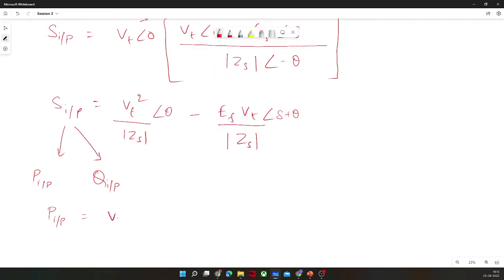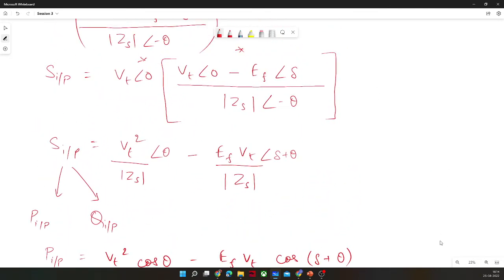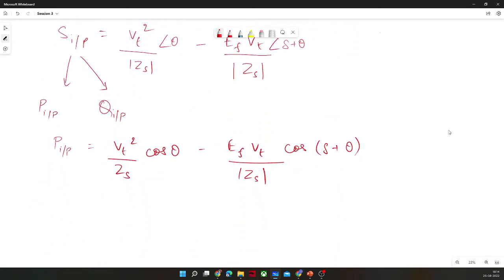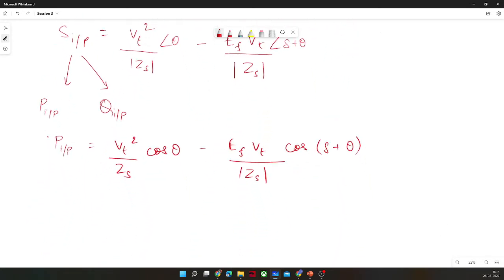That would be Vt square divided by Zs cos theta minus Ef Vt by Zs cos of delta plus theta. Right? So this was very simple. I started from the basic formula of apparent input power and reached this point, and this is the input power of the motor.